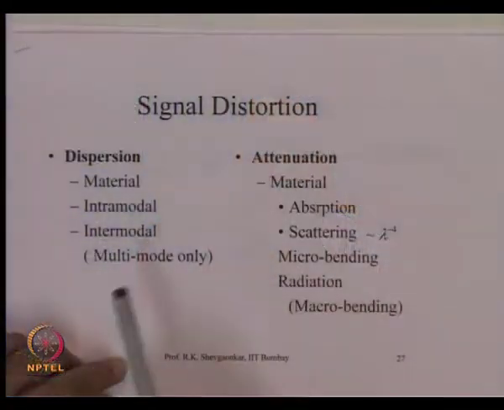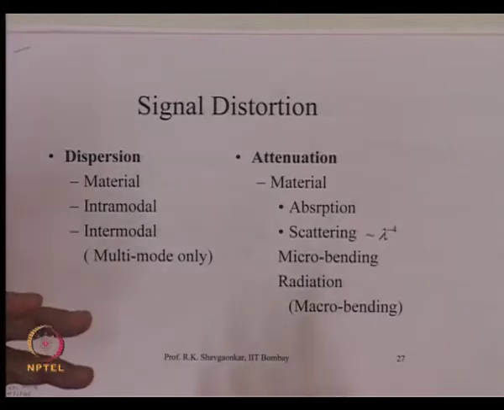Let us now turn our attention to the second important parameter which causes distortion on the fiber, and that was the attenuation. So, we saw for the attenuation we have various mechanisms. The signal on the fiber can be attenuated due to intrinsic material properties.